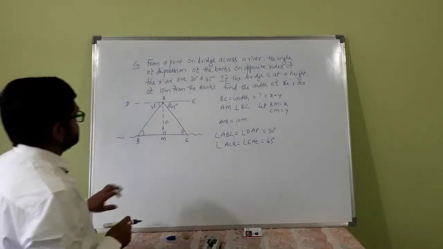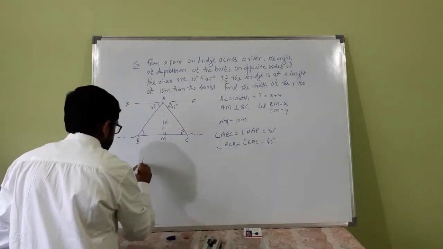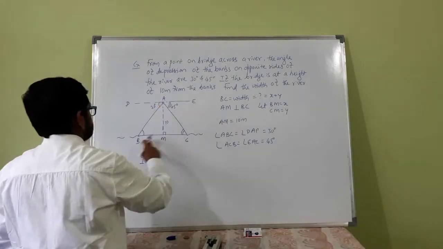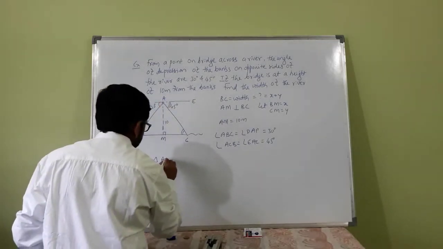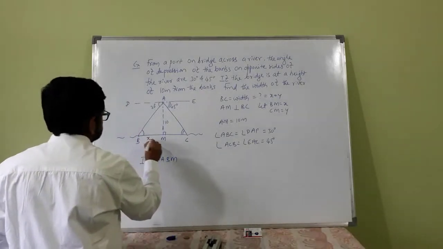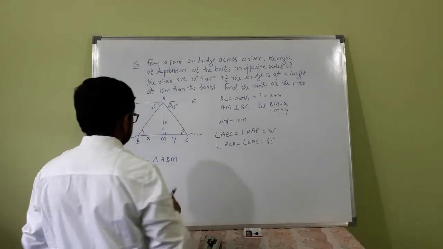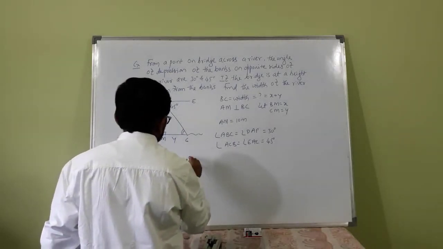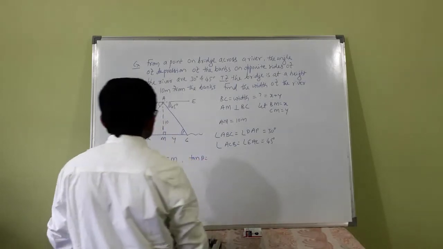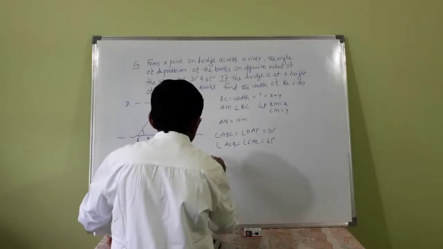Now in triangle ABM, where this is X, this is Y, tan theta is equal to AM by BM.